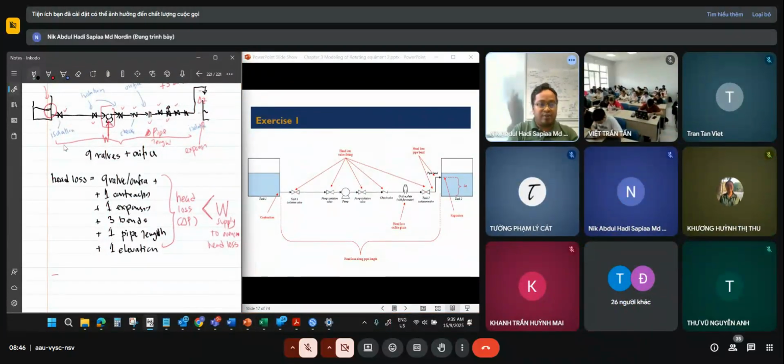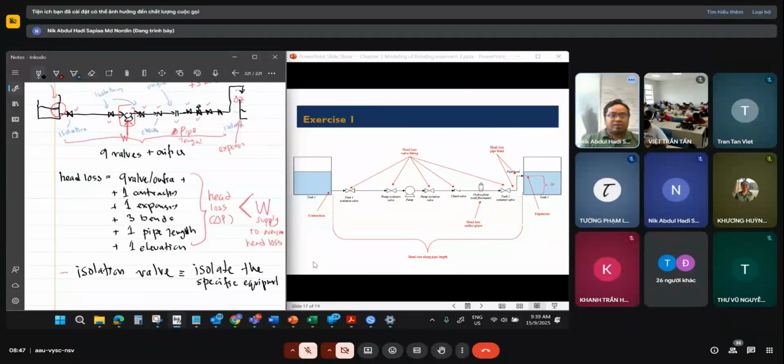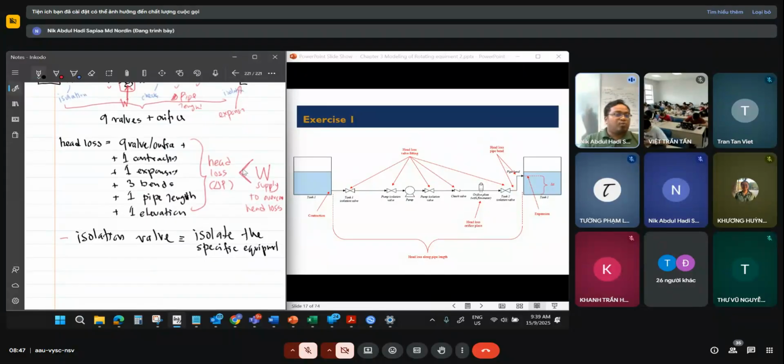So we have an isolation valve. It is meant to isolate specific equipment. In what situation do we use this? Basically for maintenance purposes.